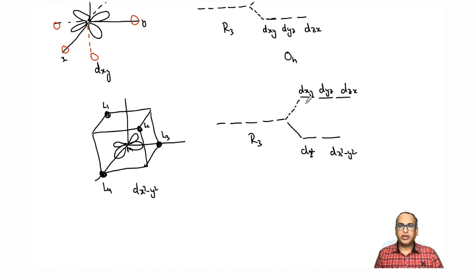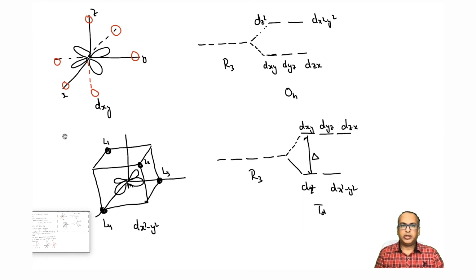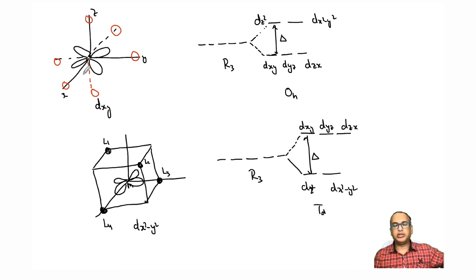Okay. So of course, the overall delta would also be different in the TD tetrahedral point group versus the octahedral point group. So which delta would be higher? Which delta would be lower? Here the interaction is stronger because there are more ligands oriented along the coordinate axes. So the interaction between the orbitals and the ligands is much stronger than the interaction here.